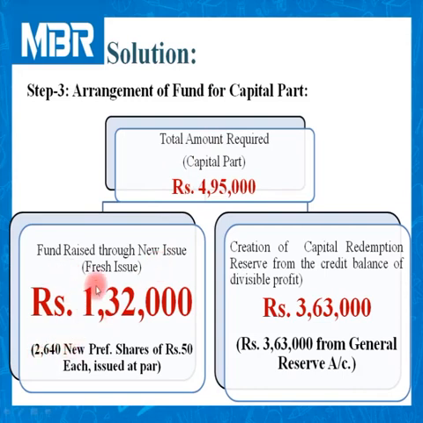Now focus on this number 1,32,000. We had issued 2,640 new preference shares of rupees 50 each. Just a few minutes ago, we completed the calculation of rupees 1,32,000.